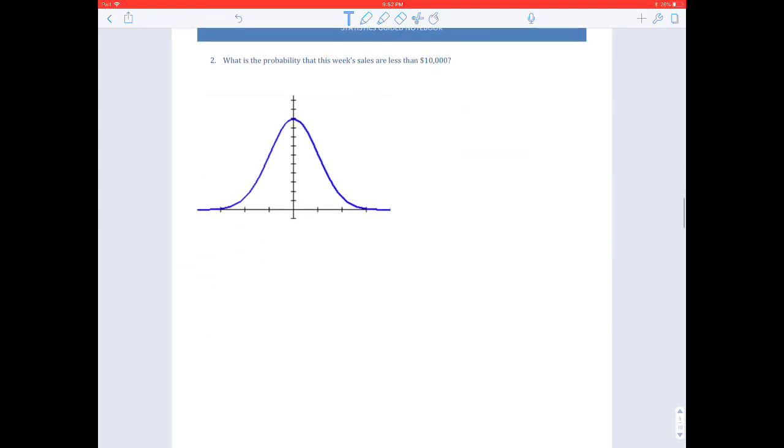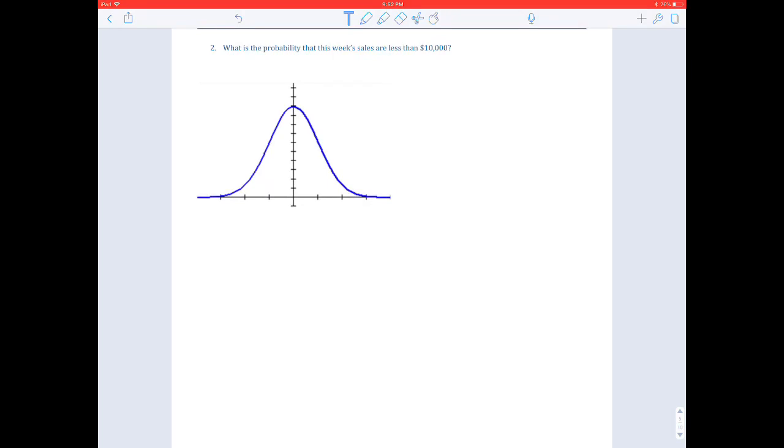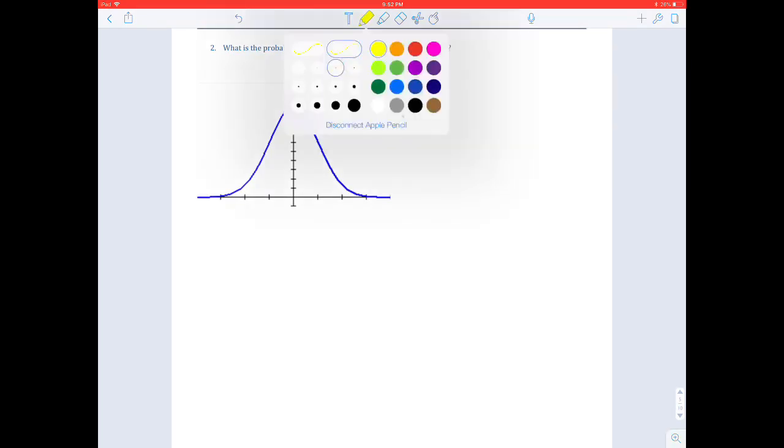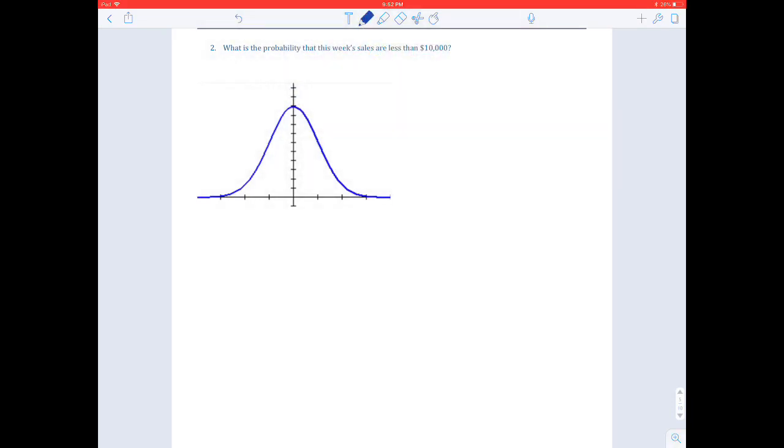All right. So now we're going to take a look at the probability that this week's sales are less than 10,000. So again, we're going to want to find a z-score. The probability that some x is less than 10,000 on a standardized scale is equal to the probability that z is less than some other z, call it z2.